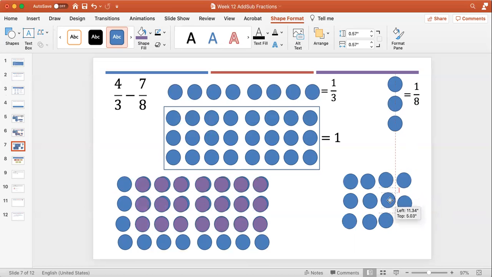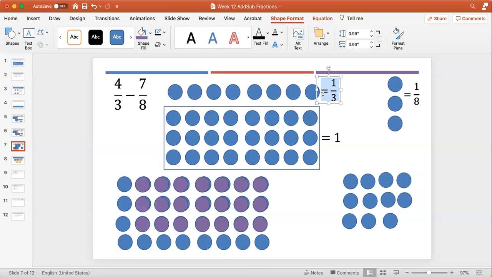We don't have equal number of rows or equal number of columns in this now. So our answer is not in thirds or eighths, but it's in this common denominator, right? Here I can see I have 11.